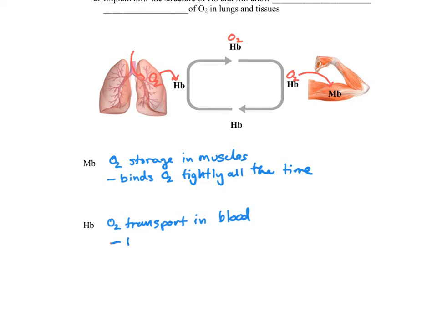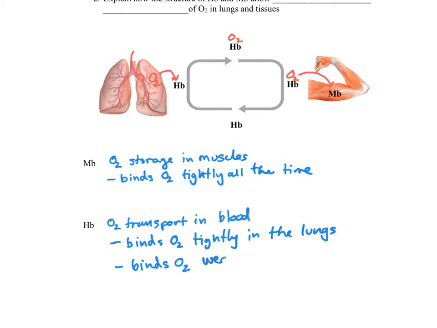Hemoglobin needs to bind oxygen tightly in the lungs. We need to soak as much oxygen out of the air we breathe in as we can, but it's going to bind oxygen weakly in the muscles or tissues.